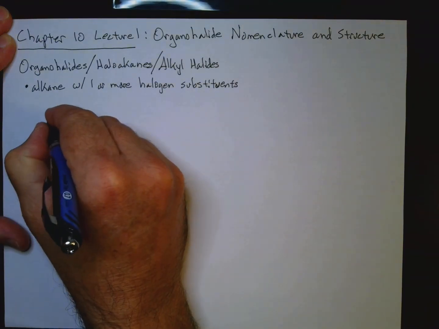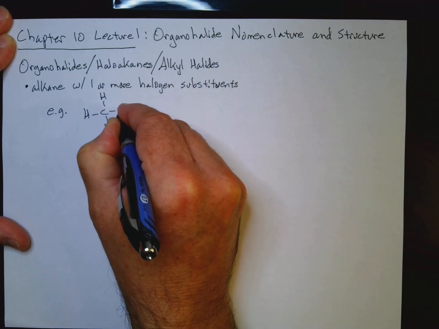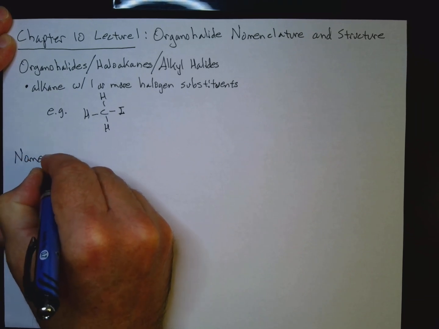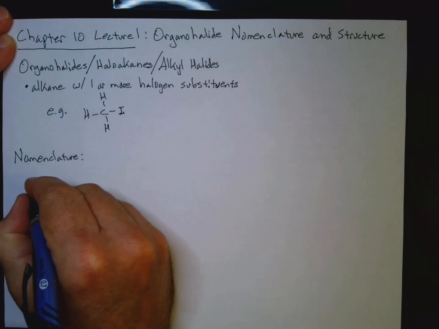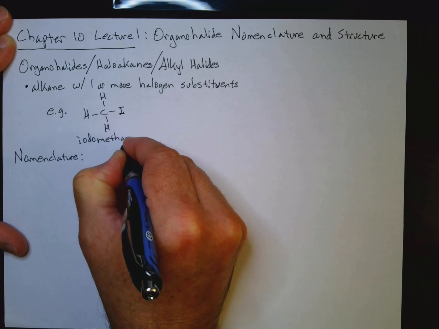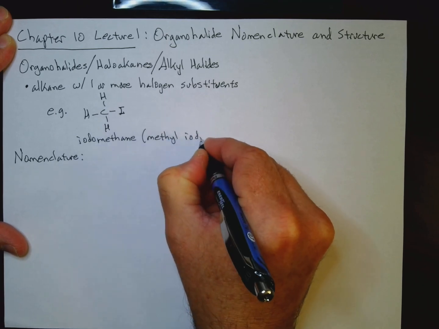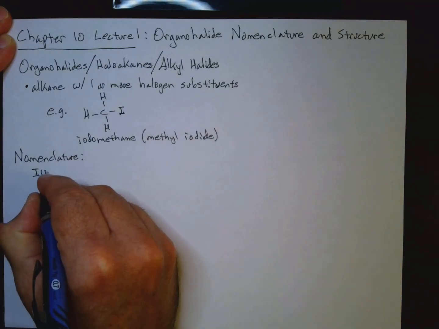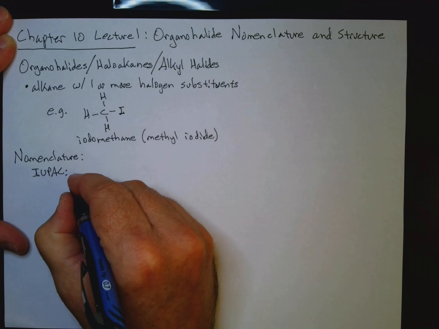Okay, an example could be this version here, which we would call iodomethane. It's also called methyl iodide. And when we're naming things, if we use the IUPAC nomenclature system, we're going to name our alkane like we did before.